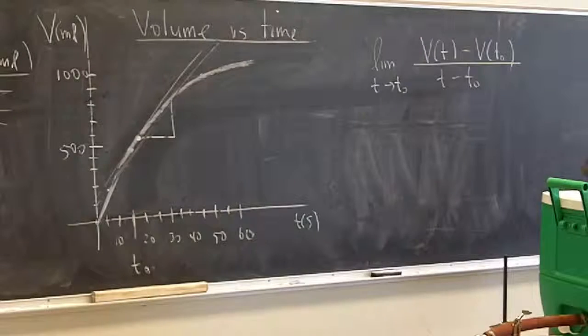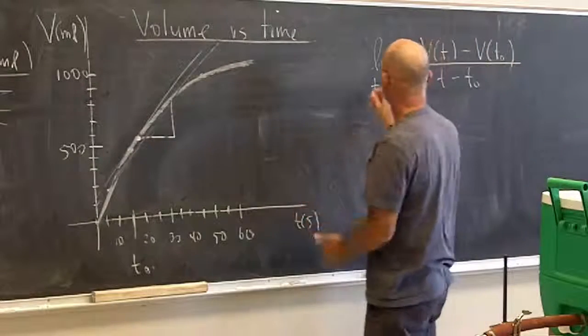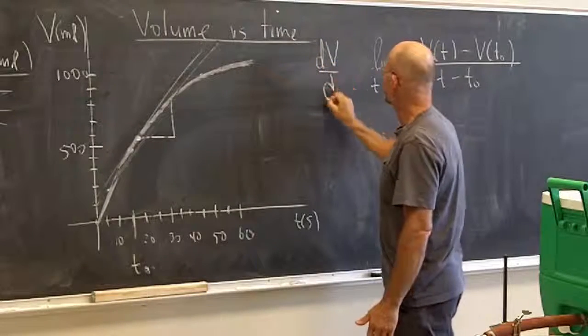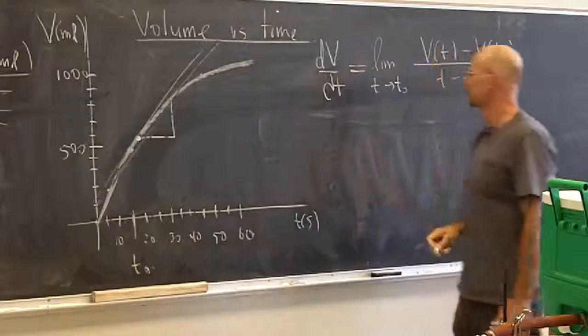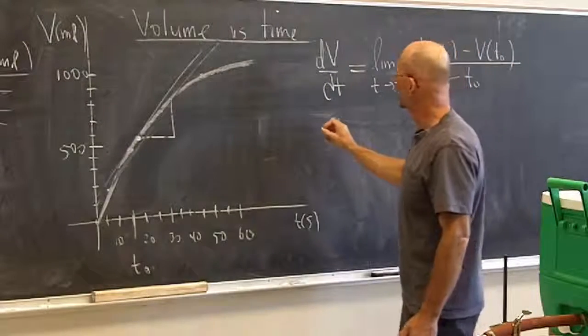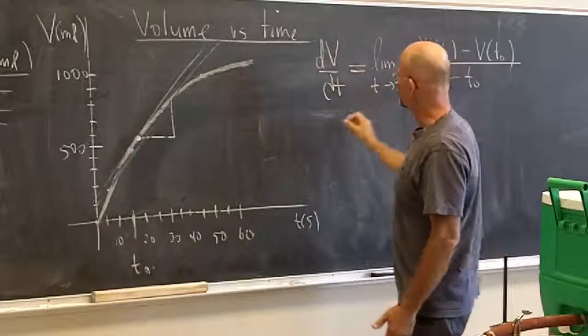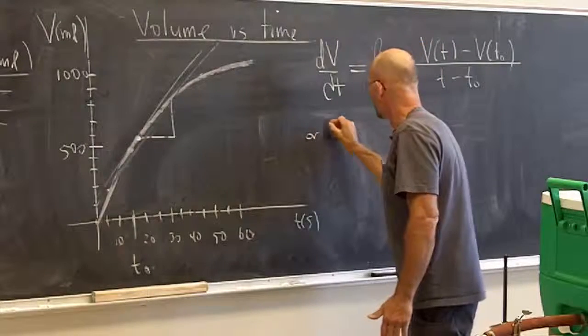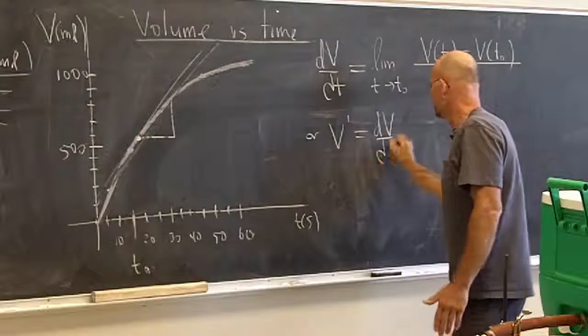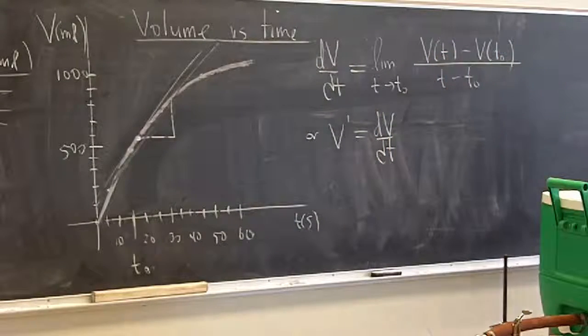That's the derivative of the function. We can call this dV/dt. And in fact, there's also the nomenclature calling this V prime, where V prime is equal to dV/dt. That's the first derivative of the function.